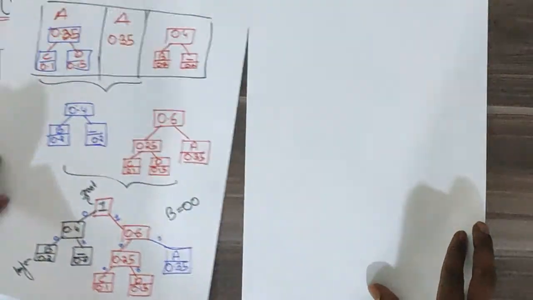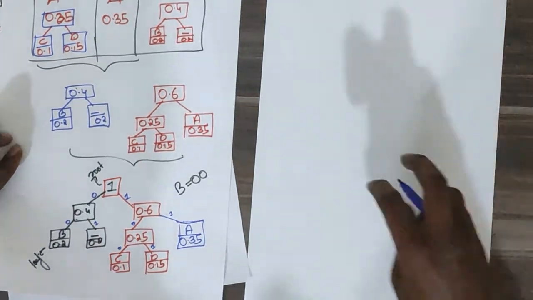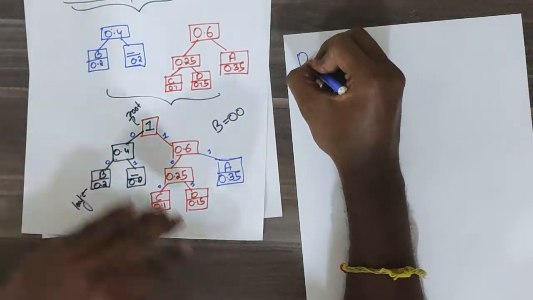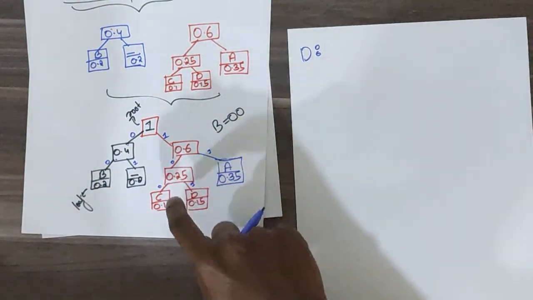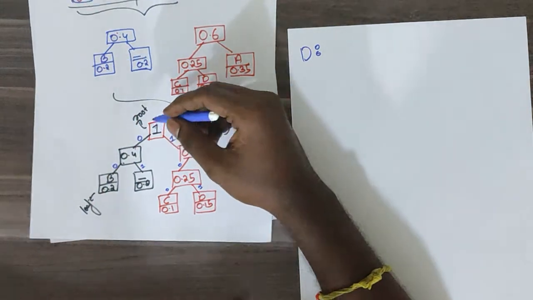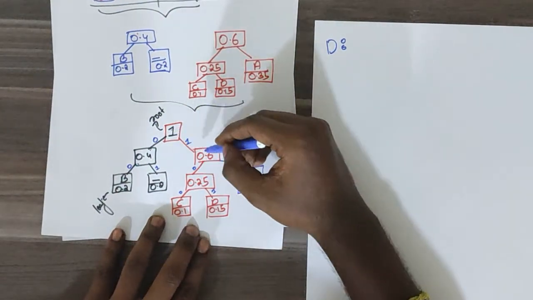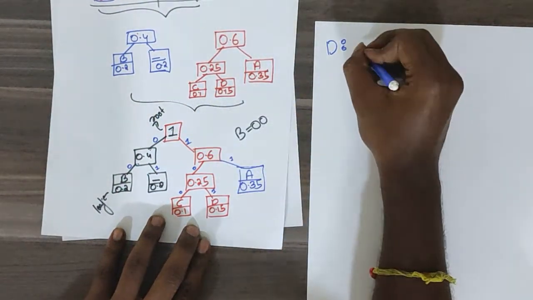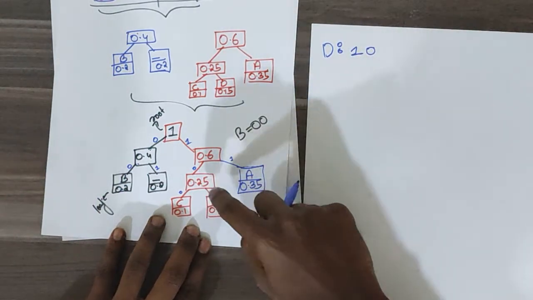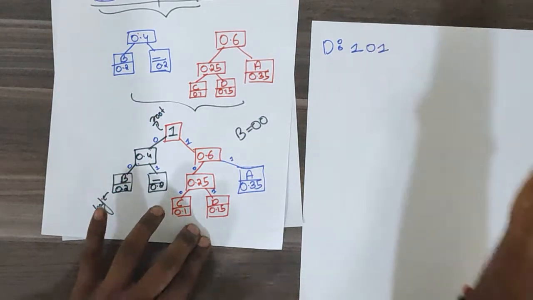Now let's take the letter D. Our D is here, so D would be represented by the string traversing from the root. We go towards the right side, so 1, then move towards the left side, so 0, and then again move towards the right side, so 1.